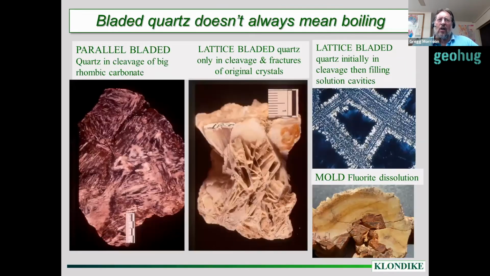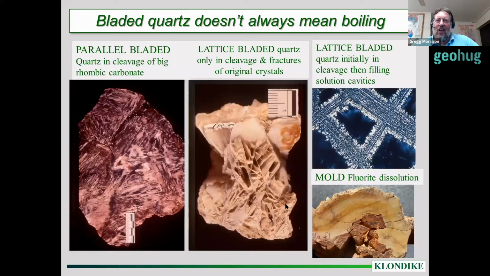Unfortunately, there are a lot of bladed textures that don't necessarily relate to replacement of original bladed carbonate. In this one here, you can probably make out there are parallel zones in individual domains. These are actually individual big crystals that have been replaced along their cleavage by quartz, and then the intervening carbonate partly leached out to give these zones of parallel blading.